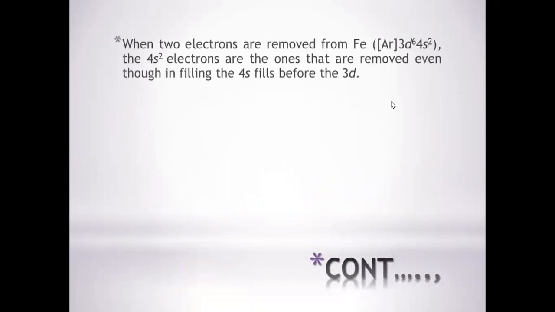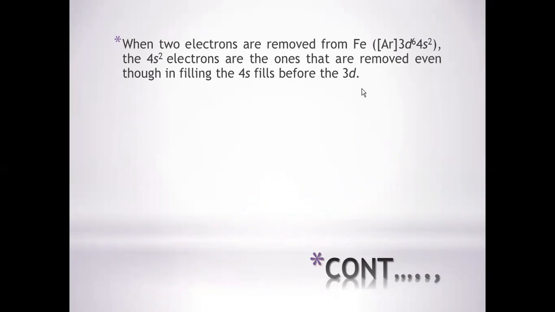So next, when two electrons are removed from Fe, this is the configuration of Fe: argon 3d6 4s2, right? The 4s2 electrons are the ones that are removed first, even though in filling, the 4s fills before the 3d.